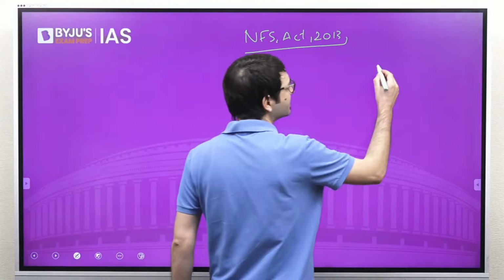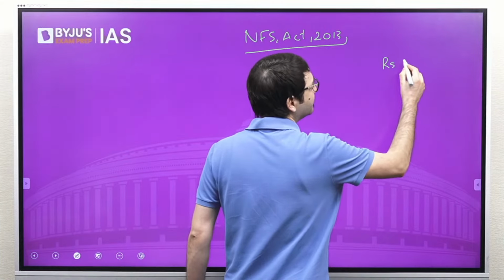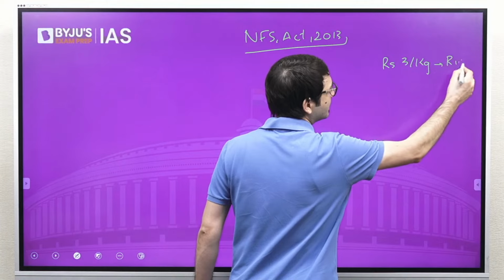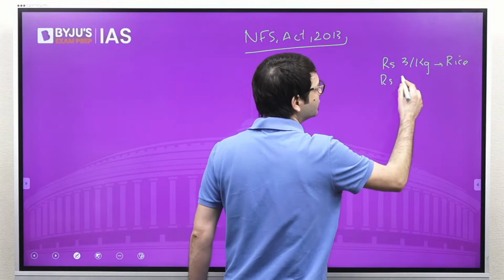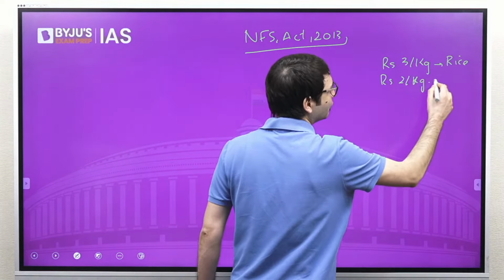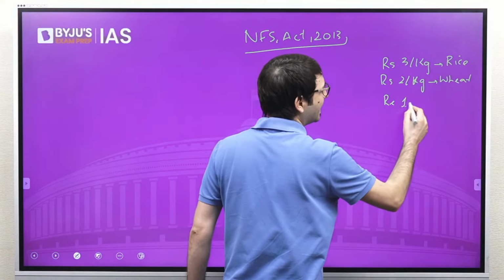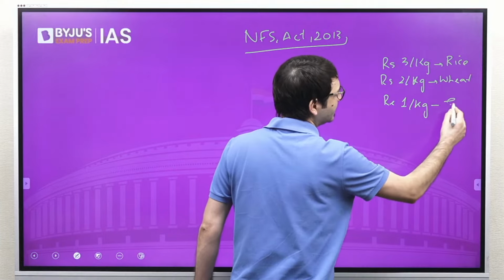Subsidized food such as rupees 3 per kg for rice, rupees 2 per kg for wheat, rupee 1 per kg for various grains.